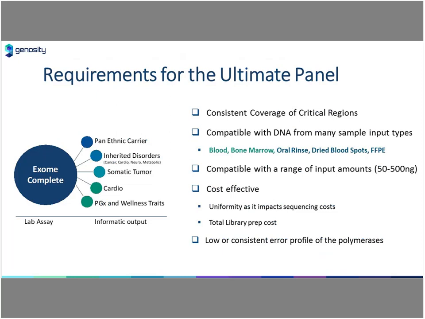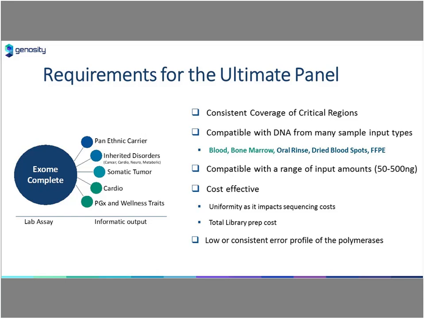And here we need to consider two prices. One is, when we're capturing and trying to get the worst performing regions above a minimum coverage threshold, are we doing that at the expense of sequencing costs? It's interesting. I sign out clinical cases from many different panel types over different technologies, and there are germline panels being sequenced to 500 to 1,000x coverage just to get the worst performers above 20x.